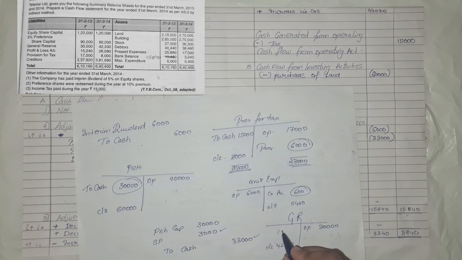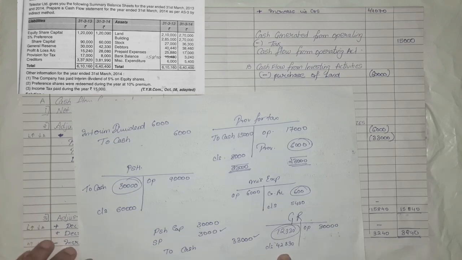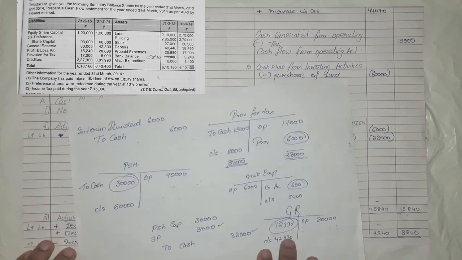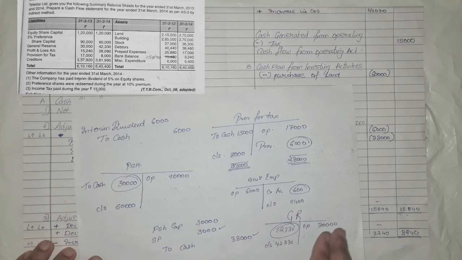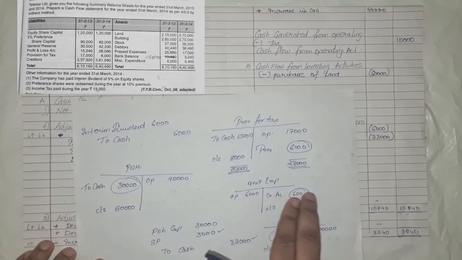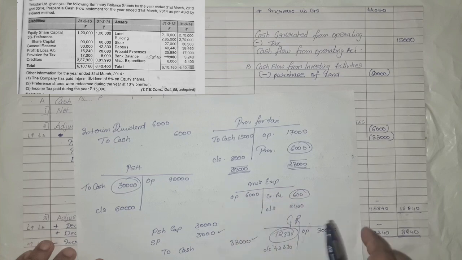The difference is 12,330. You have increased more. If you have increased, it's an expenditure. This is a liability, so the logic becomes different. Liability, debit will remain debit, credit will remain credit. Asset, credit becomes debit and debit becomes credit.